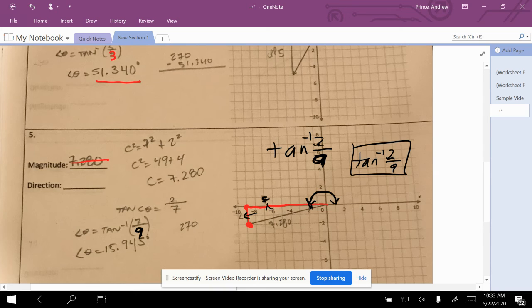So let's see, the inverse of tangent 2 divided by 7, sorry, this messed me up, 9, 2 divided by 9 is actually 12.529, and then you would add 180 to that.